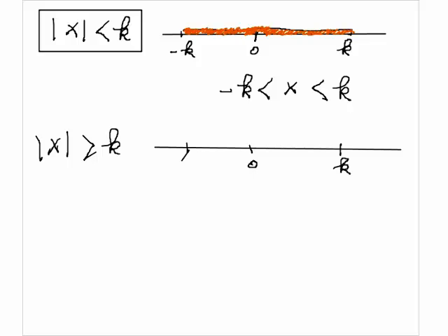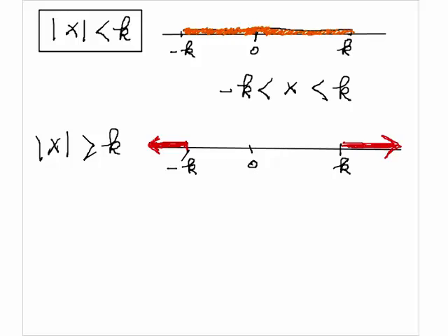So in that case, we look at all the numbers to the right of k. These numbers here will be larger than k units away from 0. And also, the numbers to the left of negative k would also be larger than k units away from 0.